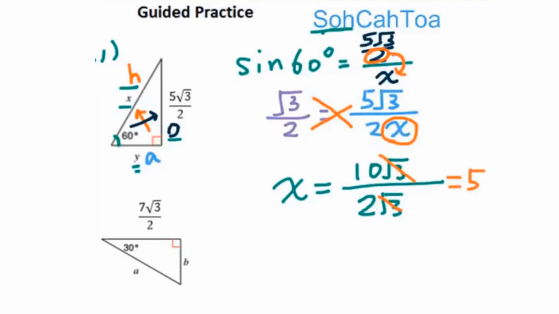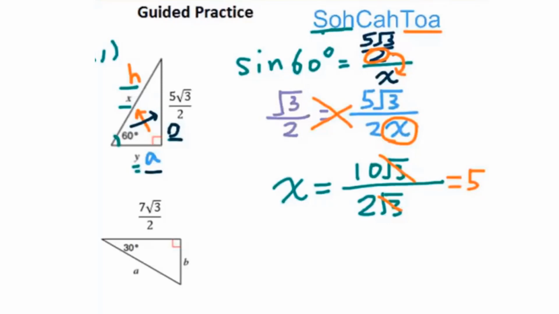That's for x. For the y, still given is the opposite side and also the adjacent side. OA, go back to SOHCAHTOA and you have to use tangent. Tangent theta equals opposite over adjacent.